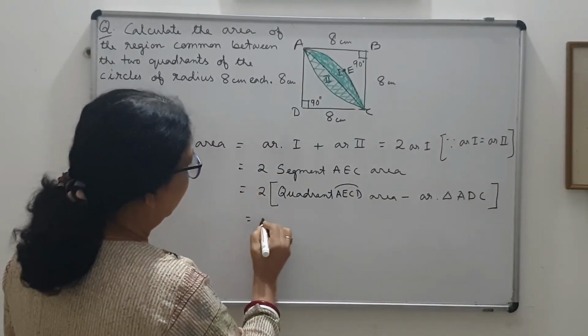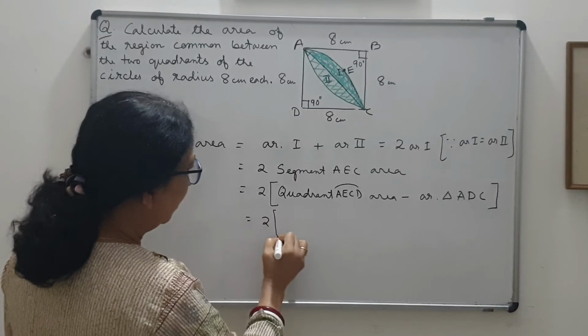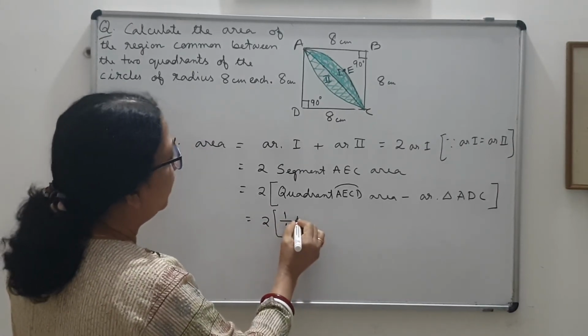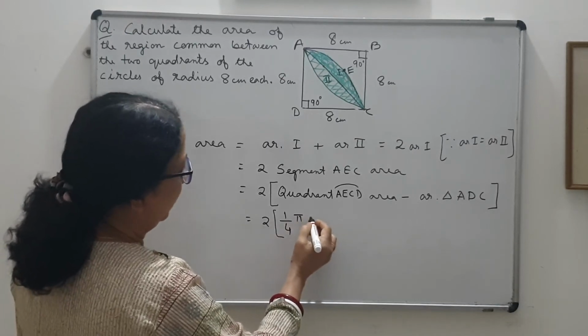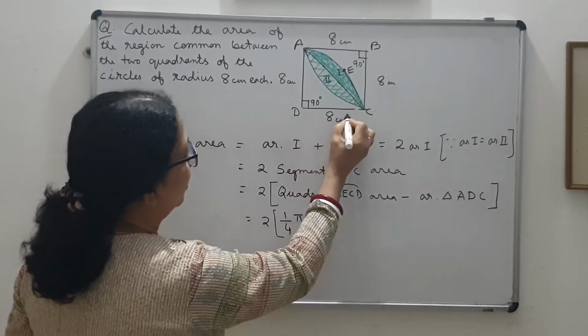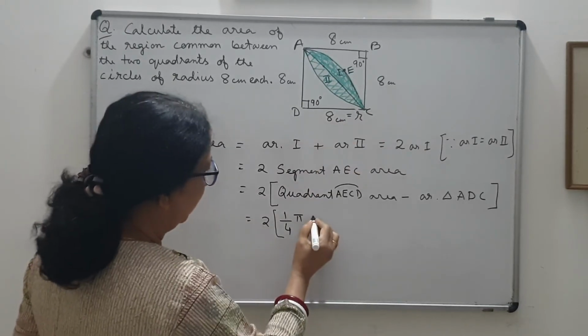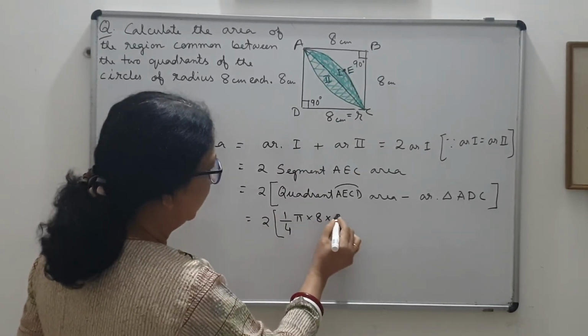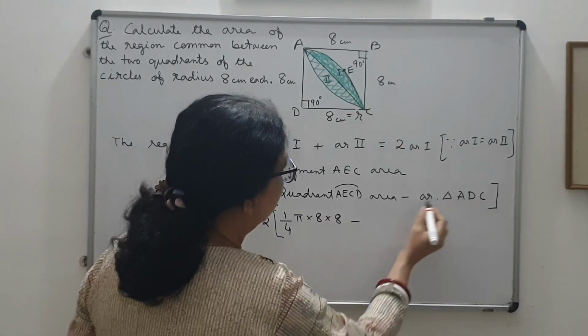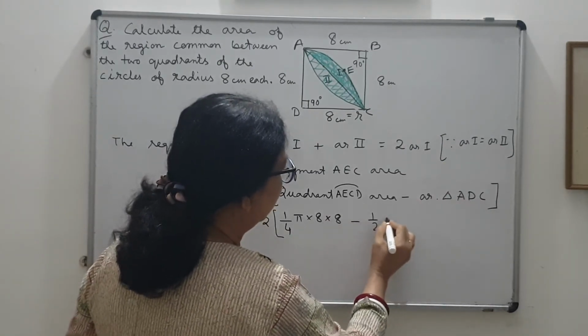So now let me write down the formula. Quadrant is 1/4, 90 by 360, into pi r square. And what is r here? This is your r, 8. So I can write 8 into 8. 1/4 pi r square minus area of the right triangle, half base into altitude.